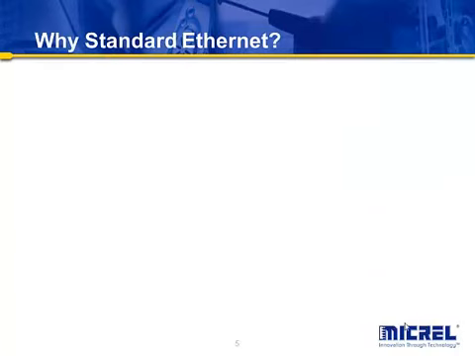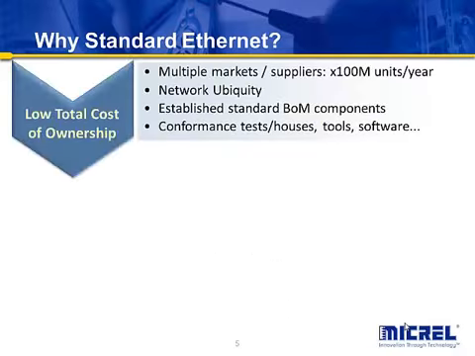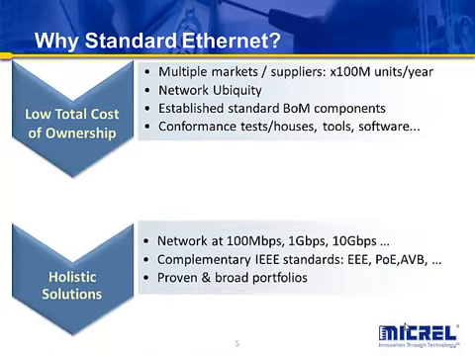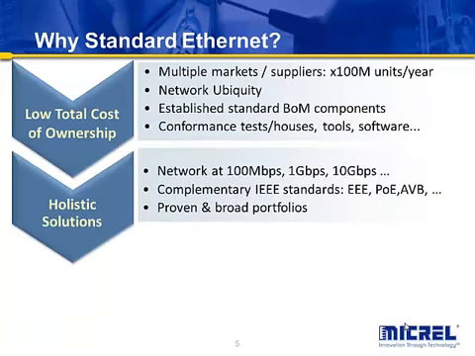So why standard Ethernet? Well, the reasons are no different for automotive than any other market where Ethernet has been successful. Firstly, and probably the most key, is its lowest cost of ownership. Multiple markets and multiple suppliers provide economies of scale for lower cost silicon and a standardized bill of materials. Secondly, holistic solutions.